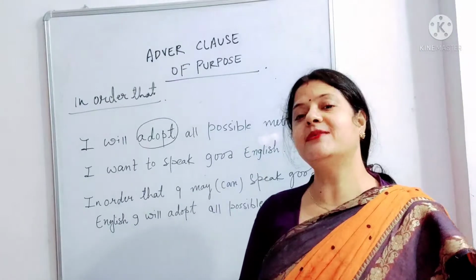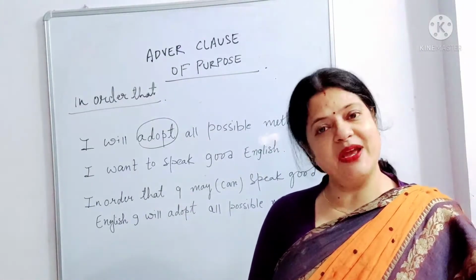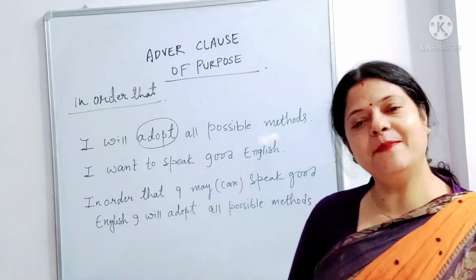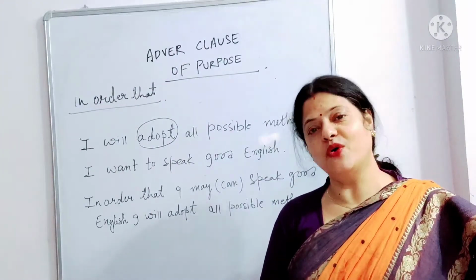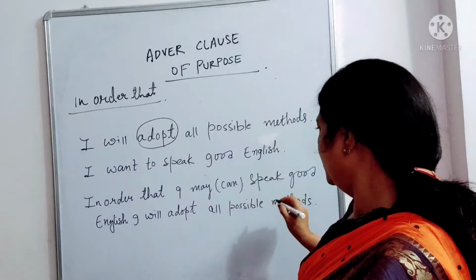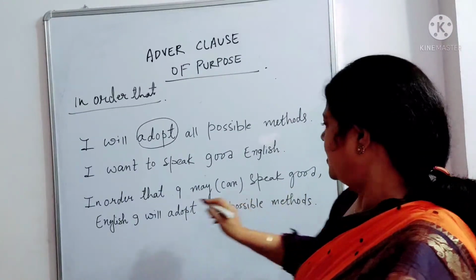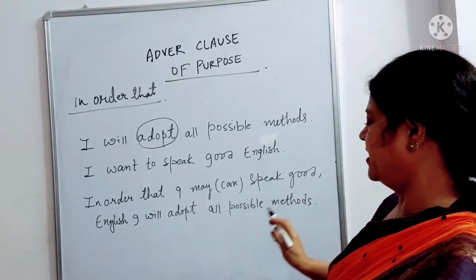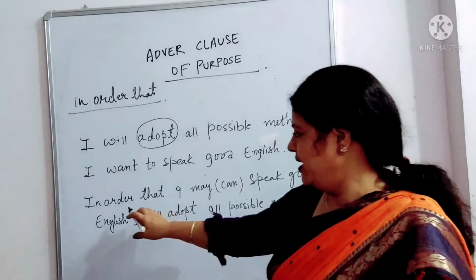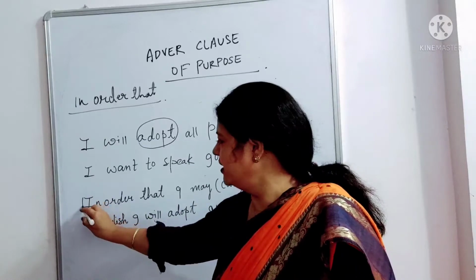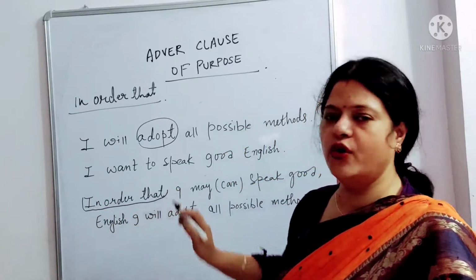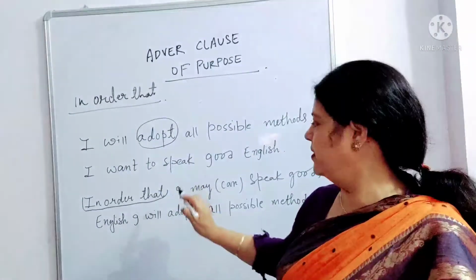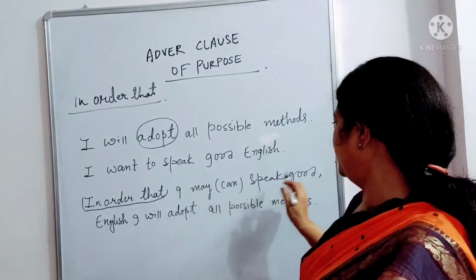As I told you, a subordinate clause can be kept at the beginning or at the end of a sentence. If we put it at the beginning, we need to put a comma. Now, in order that I may speak good English: first I have written the conjunction in order that, then I have written the second sentence which is showing purpose, I may speak good English.